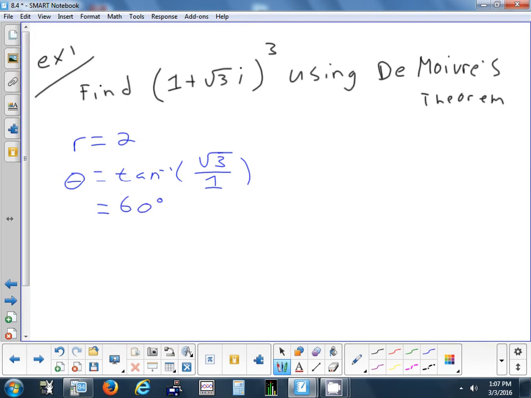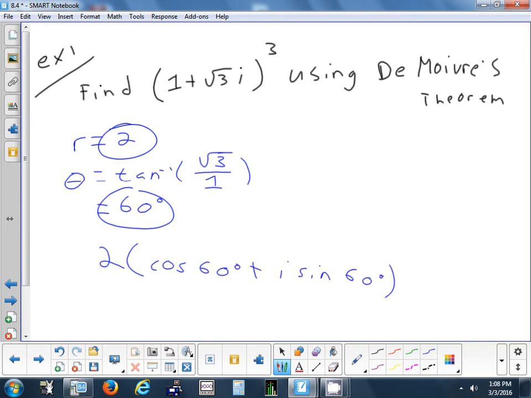All right, so now how would I write that point in trig form? 2 cosine 60 plus i sine 60. And what power are we going to raise it to? Third power.